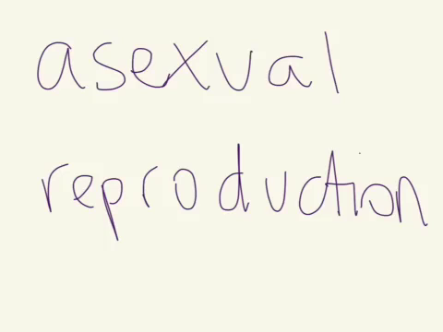Some advantages of the asexual reproduction method is it gives you more kids and it takes less time because you don't have to actually go through the process because you're doing it by yourself. And some environments where being able to reproduce asexually would come in handy are harsh environments, because in harsh environments there are probably not many of your kind, so it would be easier to just reproduce asexually.